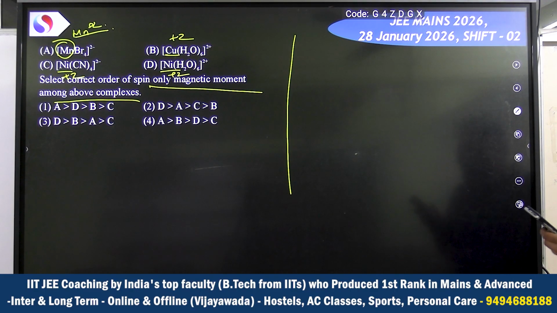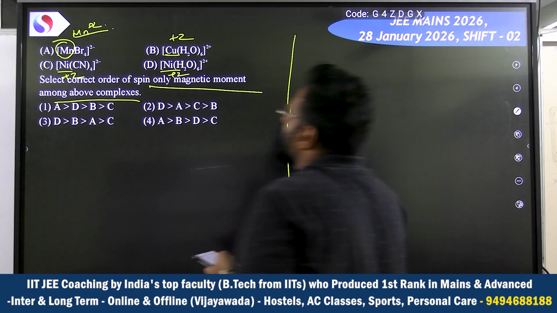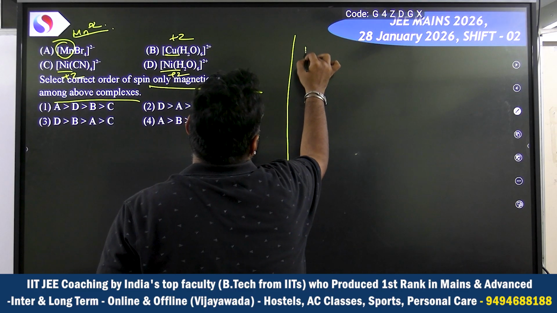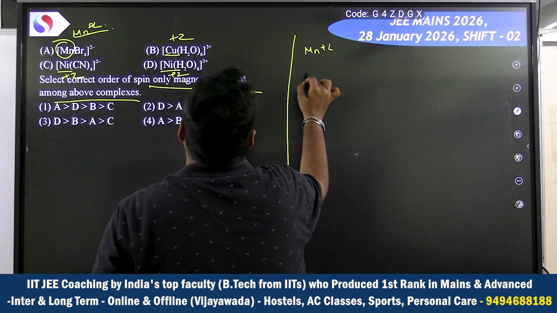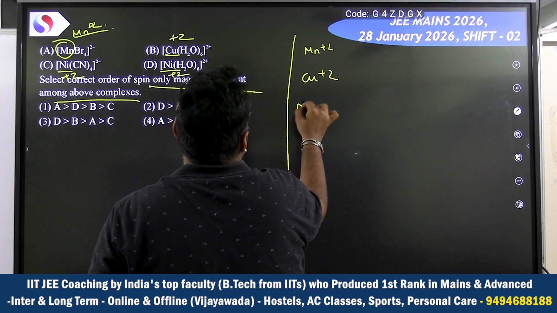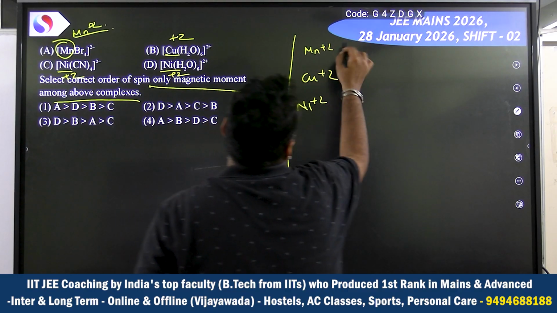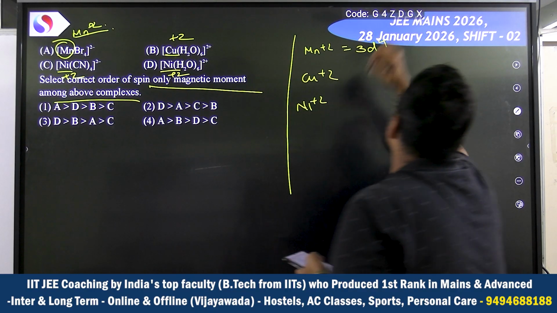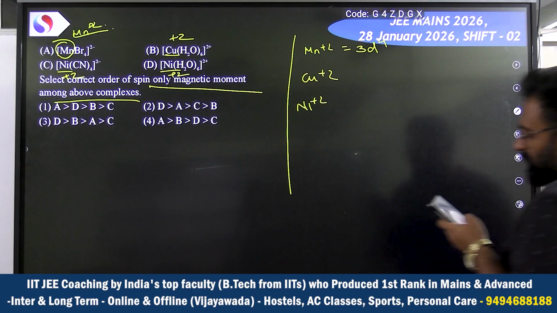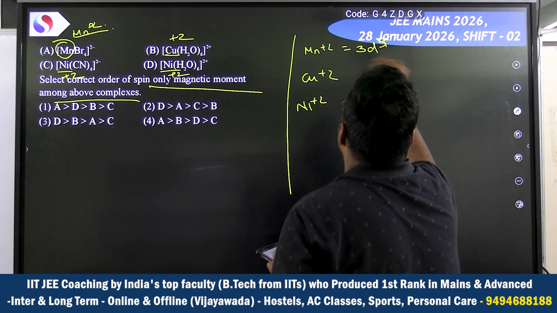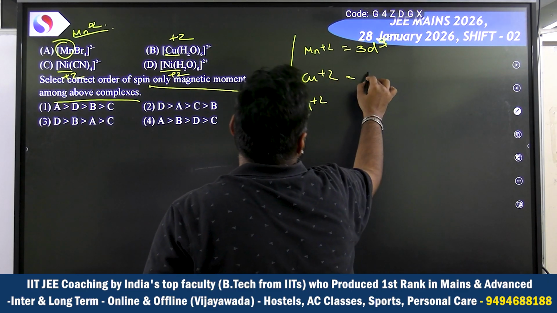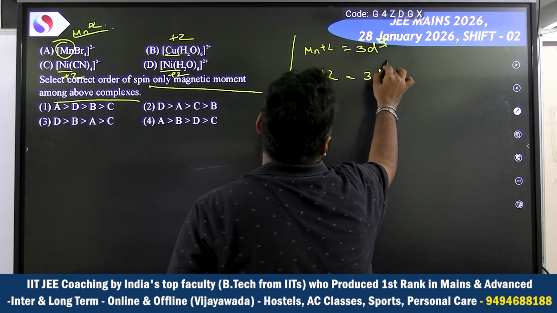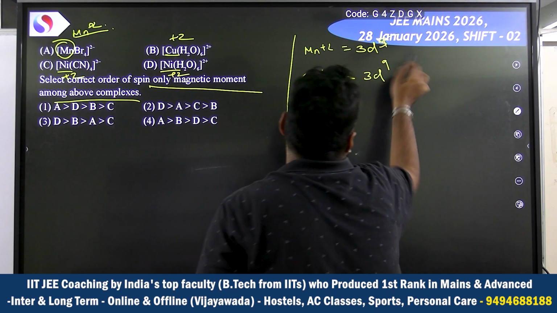So if we need the spin magnetic moment, then Mn plus 2, then copper plus 2, nickel plus 2, this will be 3d4, correct? 3d5, sorry. This will be 3d9.